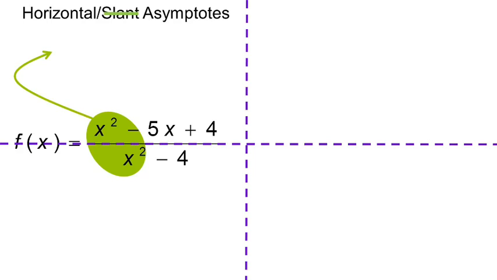Slant is when it's exactly one more than the bottom. The rule is when the exponents on the top and bottom are exactly the same, the horizontal asymptote is going to be the leading coefficient divided by the leading coefficient. So in this case, 1 divided by 1 is equal to 1. So our horizontal asymptote for this equation is y equals 1.